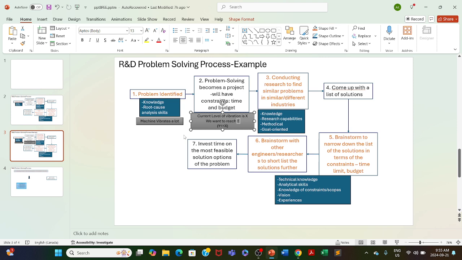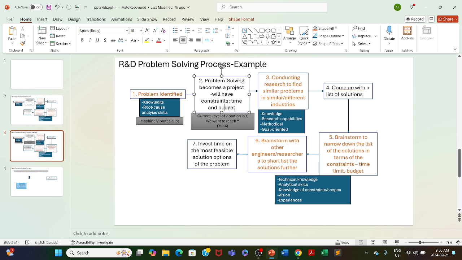So we said, okay, this is not working, this is the level of vibration that the customer wants, so let's set it, it's going to be Y. And then there is kind of a decision making process in between what the value of Y would be and what the time constraint and budget constraint would be. This is how it gets determined.